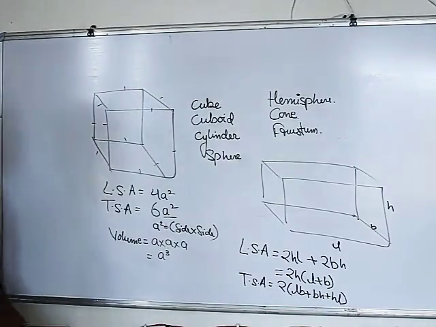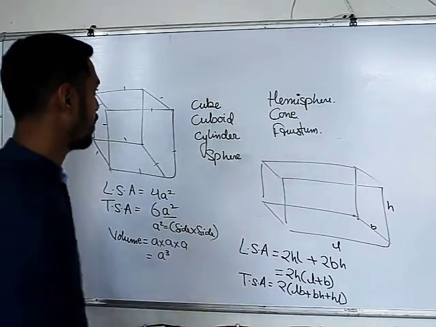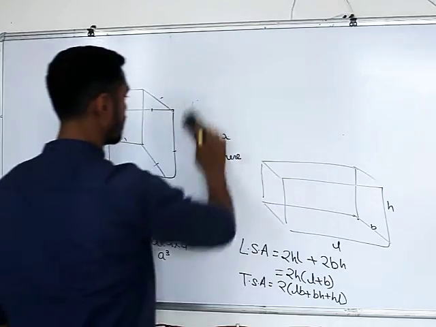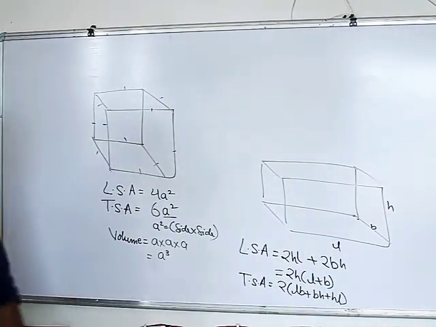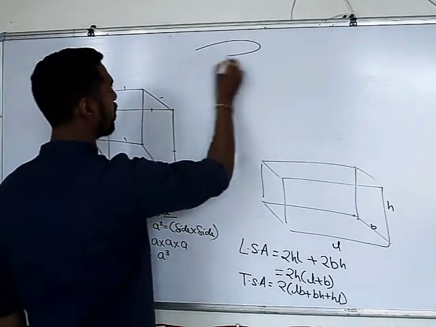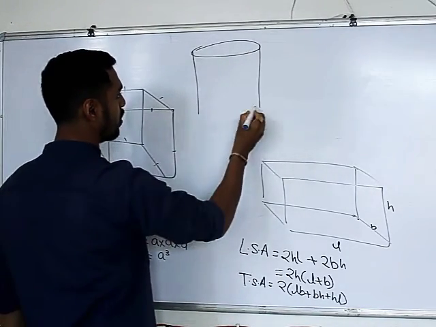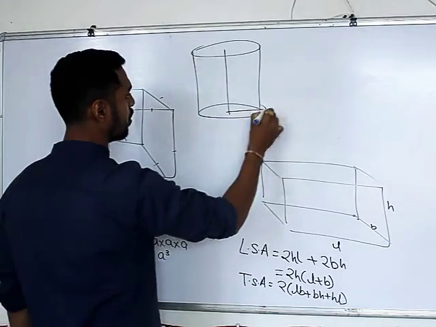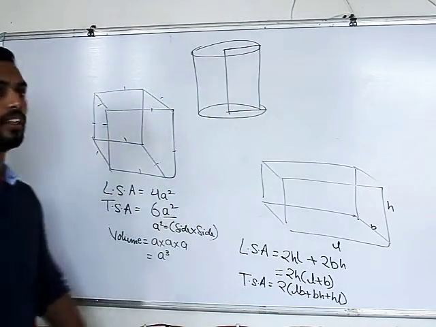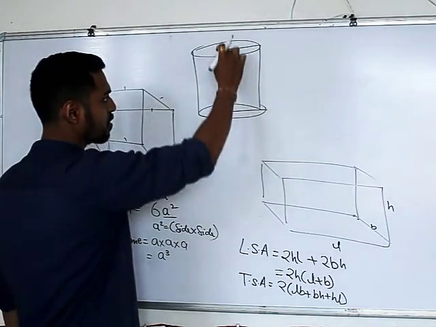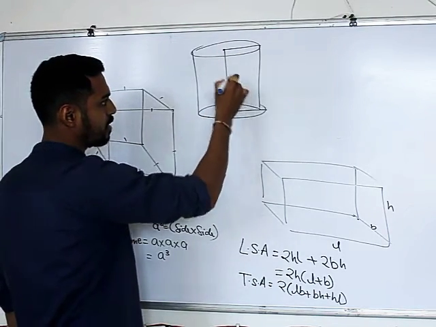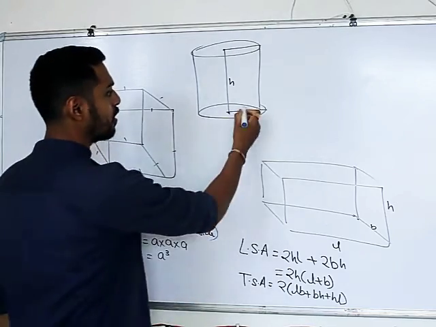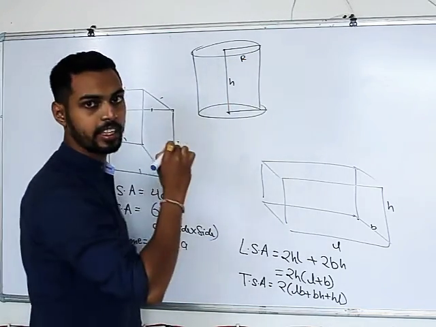Okay? Done. Now after that we will see cylinder. So in cylinder, this middle part from center to center is considered as height. This part will be considered as radius.